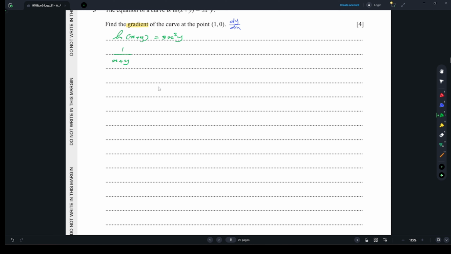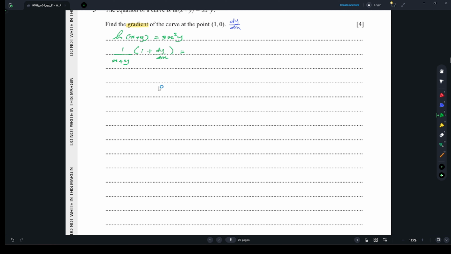Then, according to the chain rule, we multiply by the differentiation of the inside. Differentiating x with respect to x gives 1, plus, differentiating y with respect to x gives dy/dx.